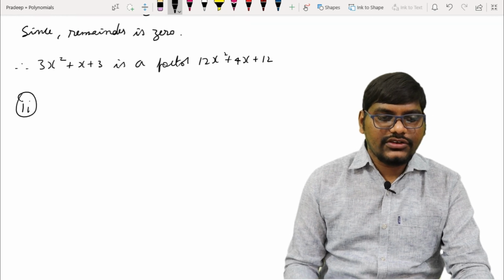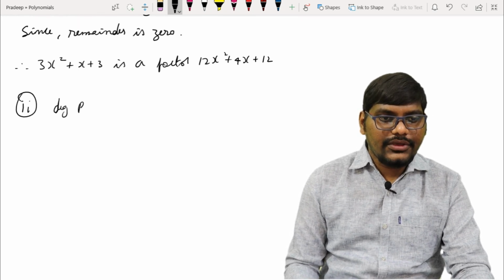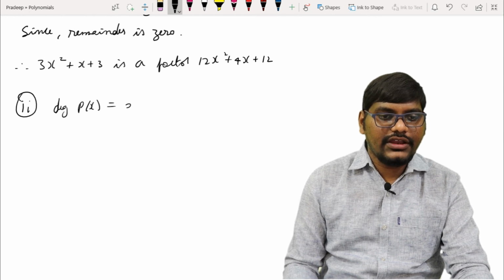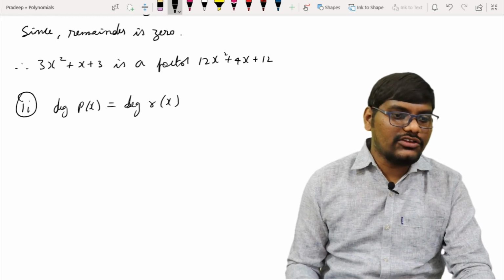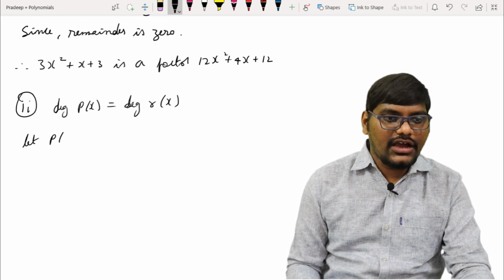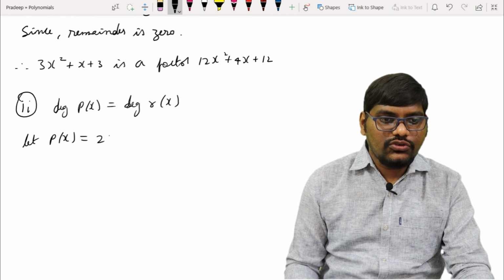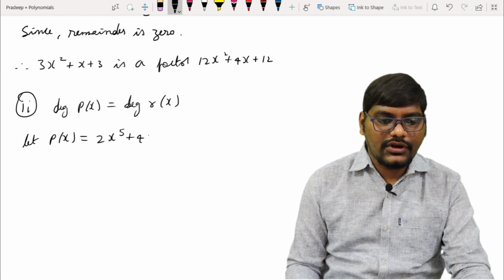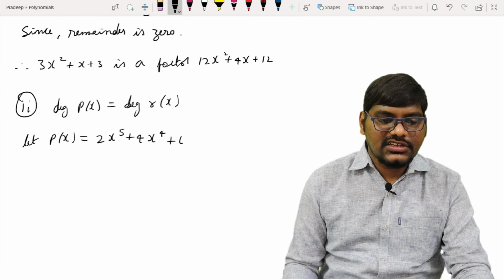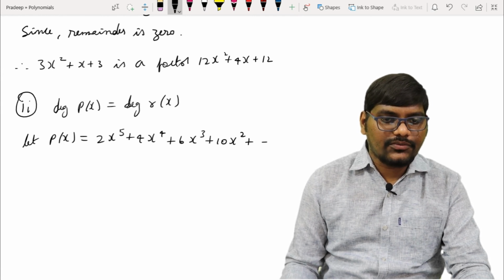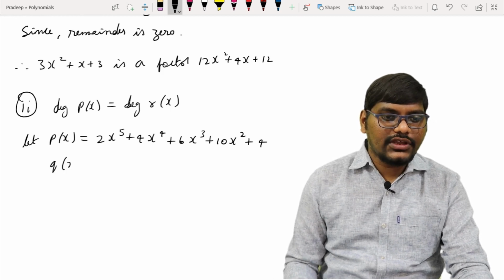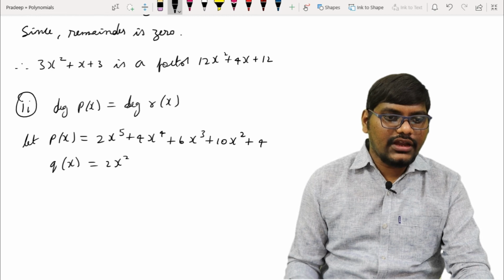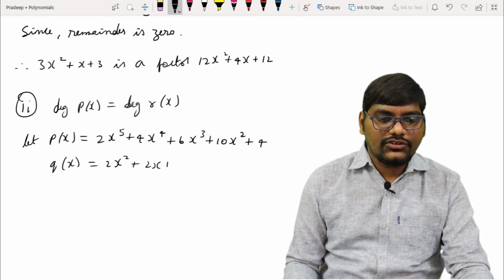So the question is the degree of p of x should be equal to the degree of r of x. So we'll take r1 values. I can write: let p of x equal 2x power 5 plus 4x power 4 plus 6x power 3 plus 10x square plus 4. This is p of x I'm taking. Q of x we will take as 2x square plus 2x plus 2.